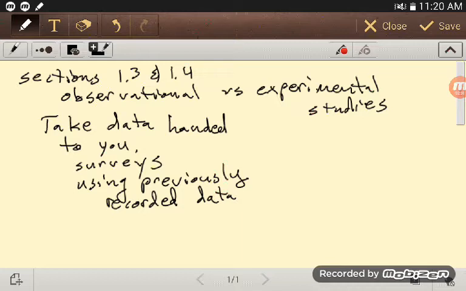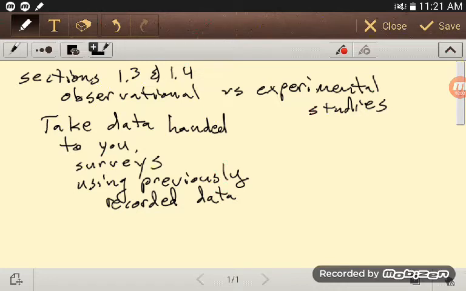If I want to study how amputees are getting along, say they were veterans and lost a limb in service, I might do follow-ups to see how they're doing. Well, that's an observational study. I can design what I want to collect and go collect it, but it's observational.